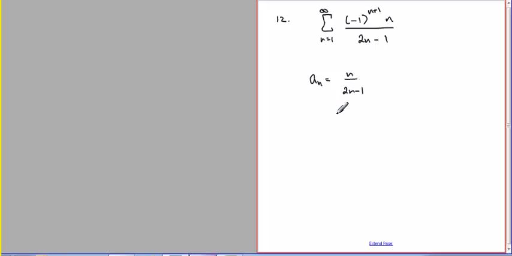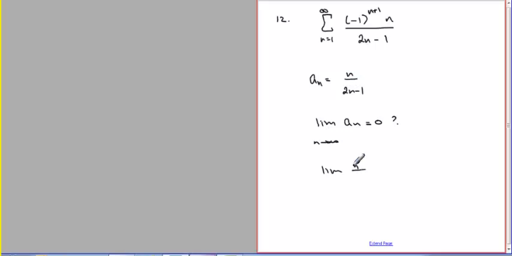So the question is, for this thing to converge, a sub n plus 1 always has to be smaller than a sub n, and this goes to 0 when n goes to infinity. So the first thing we should do is check to make sure that the limit of a sub n as n goes to infinity equals 0, question mark. Well, you can see that's not going to happen.